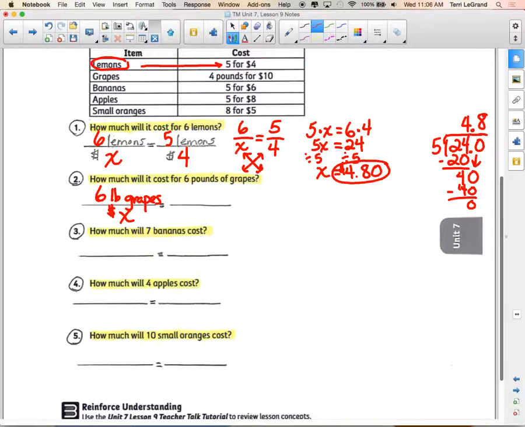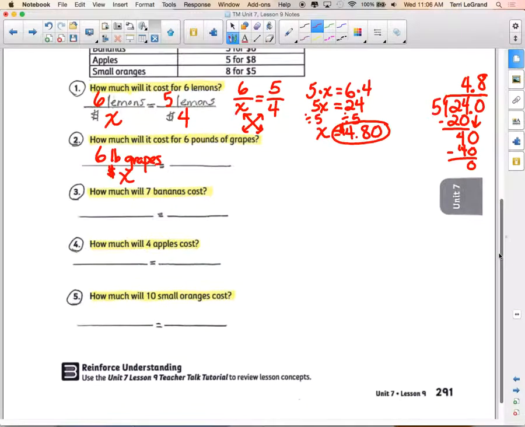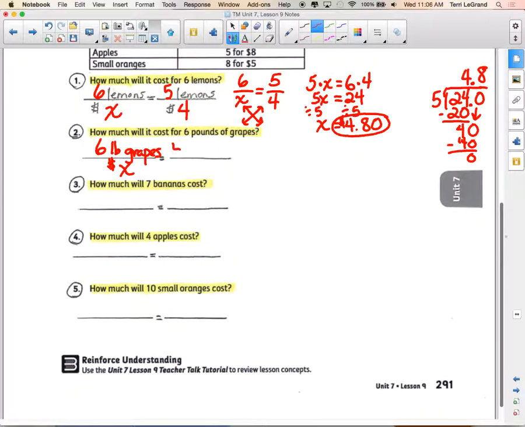What should we write? Anna? 4 pounds of grapes over $10. Okay, and the 4 pounds of grapes has to go upstairs, doesn't it? Because we have grapes upstairs in the other one, so we better put it upstairs in this one. And it's how many dollars? 10, okay, so $10 downstairs. Grapes over dollars.